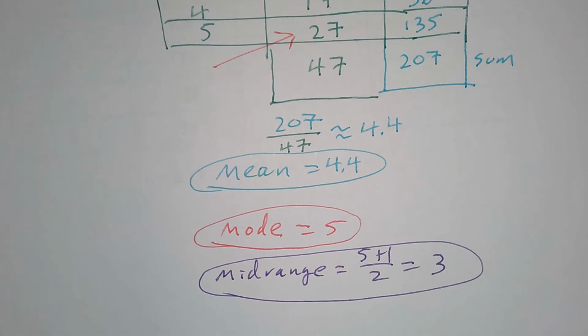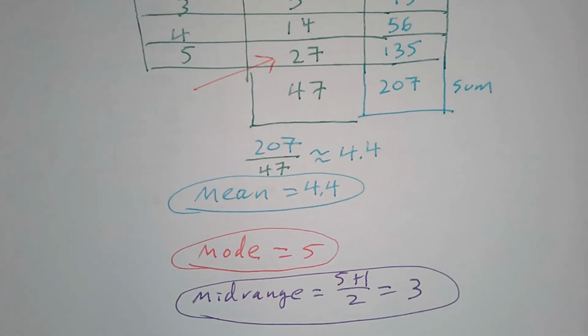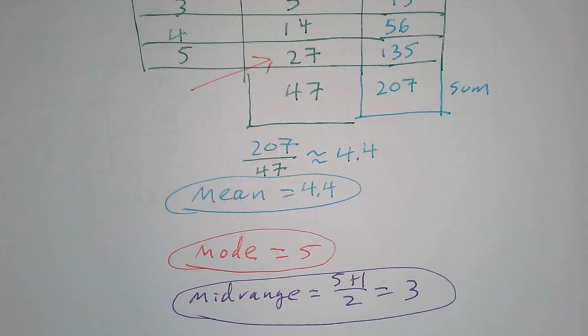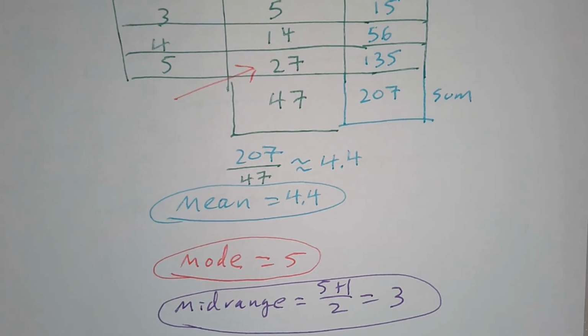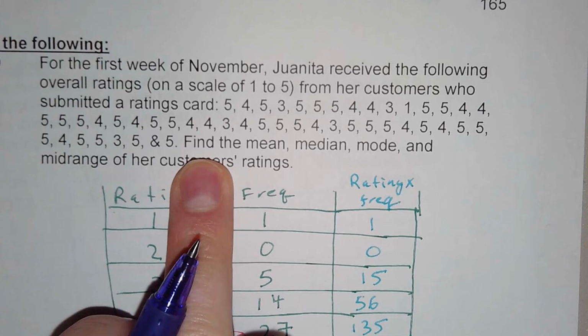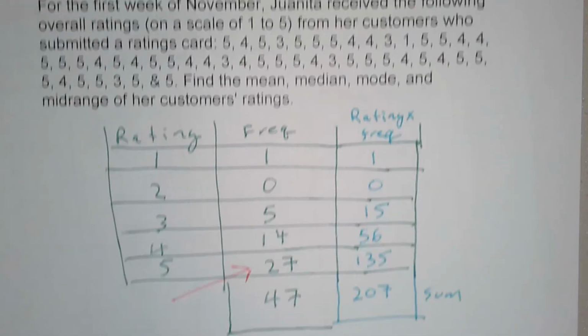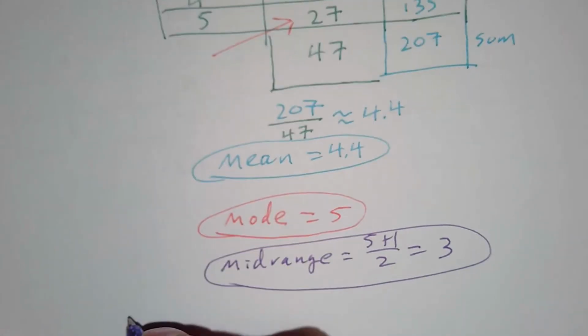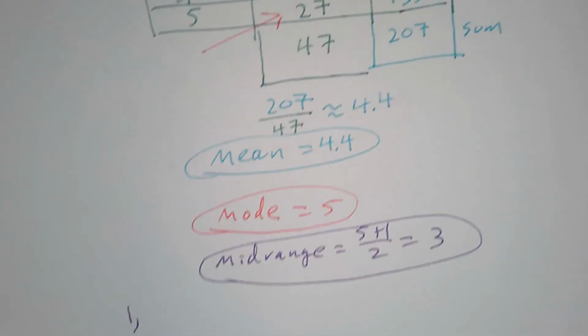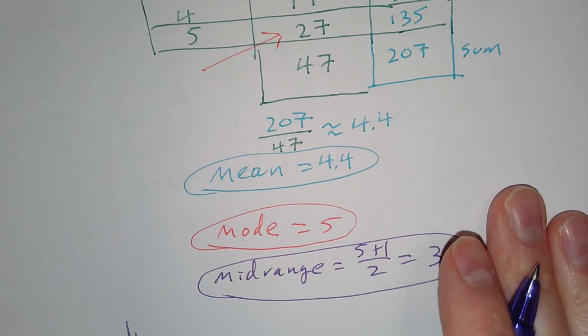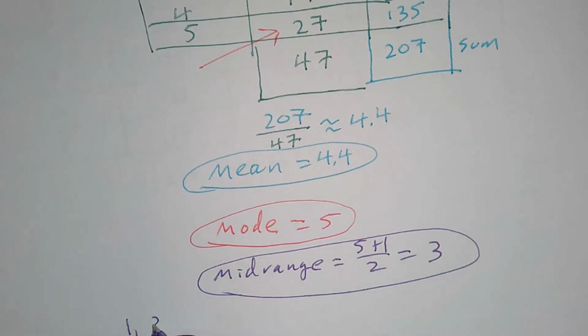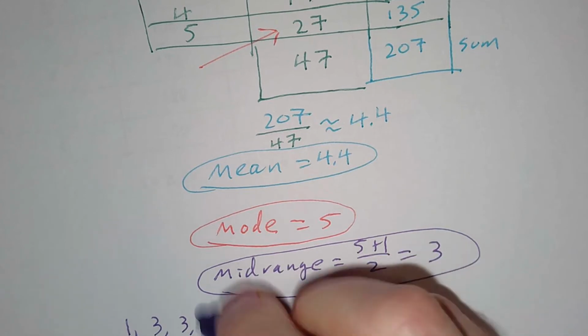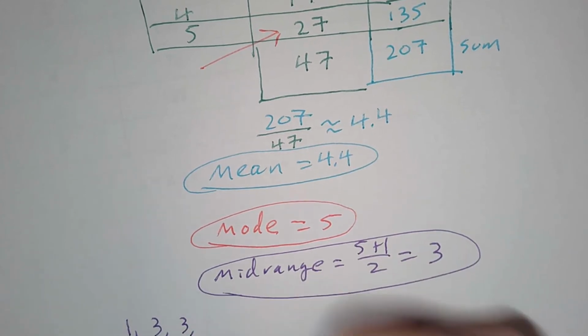So now we have everything except for the median. Now we need to think about how this is going to work. If I started putting all these numbers back on top here in order, I'd have a 1, no 2's. I would have 5 of these 3's.